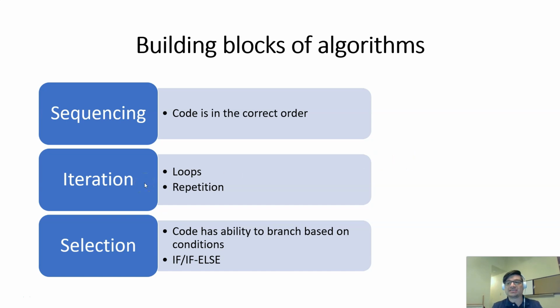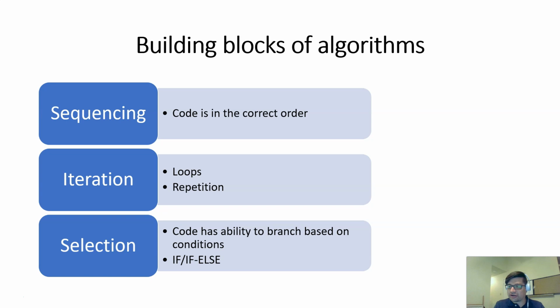Iteration: all that means is loops, repetition. When you use a repeat, a repeat until, a for loop, all of that is iteration. And finally, selection, which we reviewed in this PowerPoint. If and if else is primarily how the College Board sees selection. Technically, a repeat until has selection.